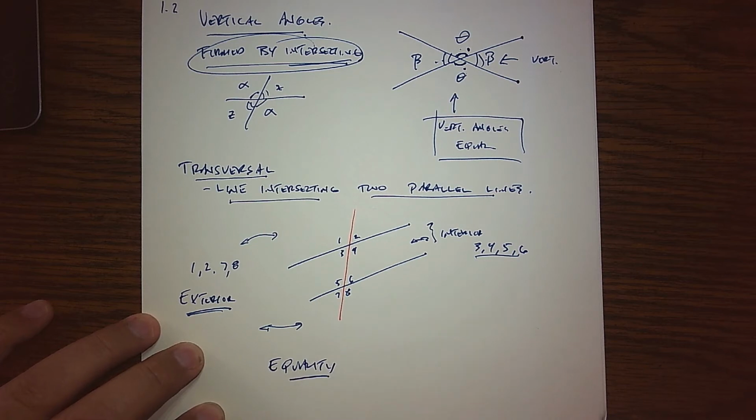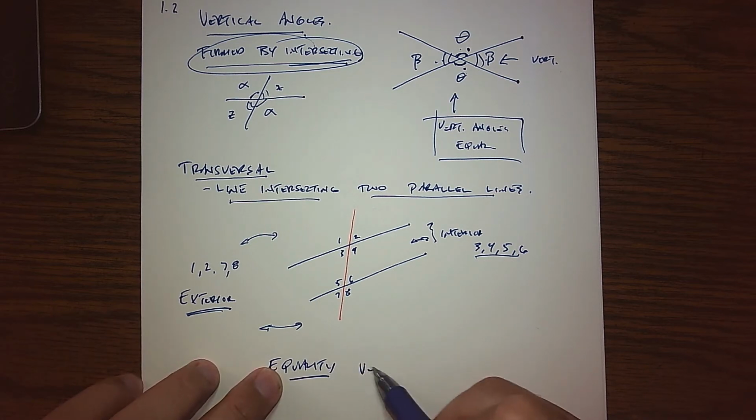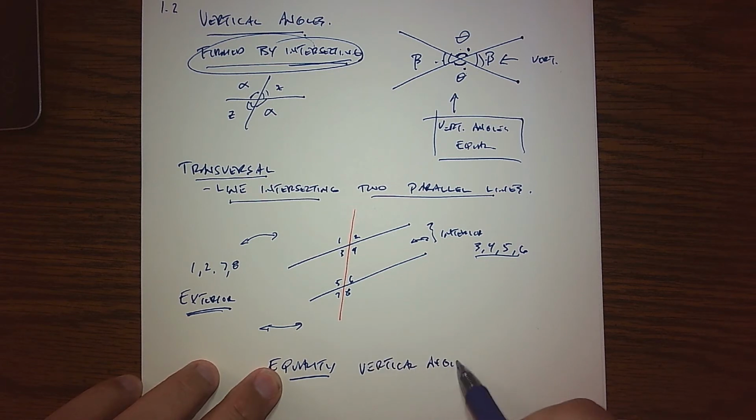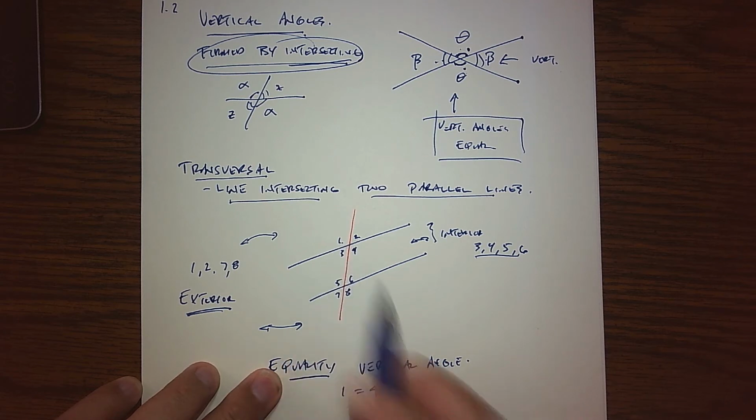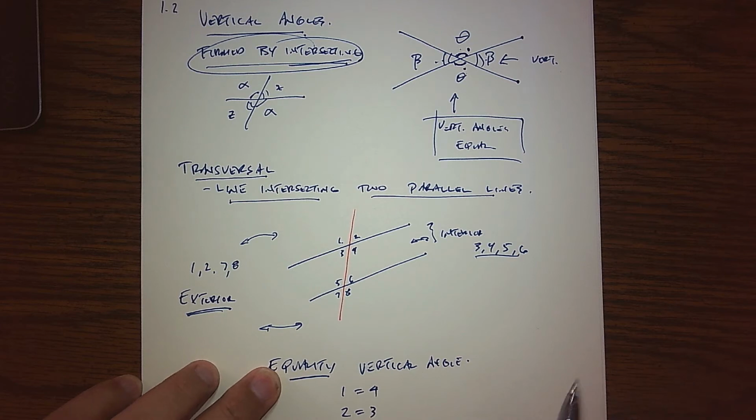We're going to spend some time talking about some of the equalities. For sure, these equalities all happen because of the vertical angle idea. So angle 1 is equal to angle 4, again because there's my vertical angles, these two angles are equal. That also means that angle 2 is equal to angle 3, and so forth and so on.